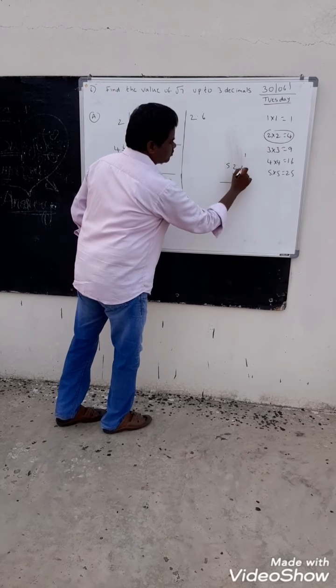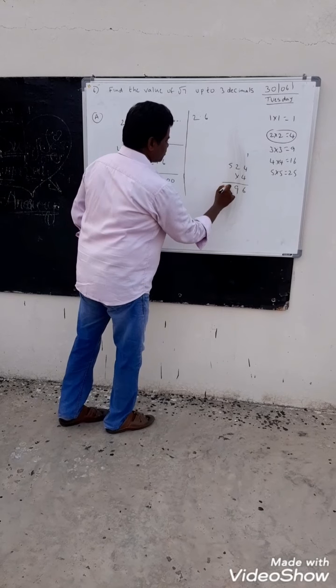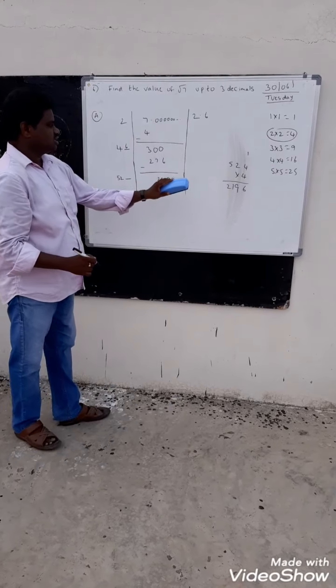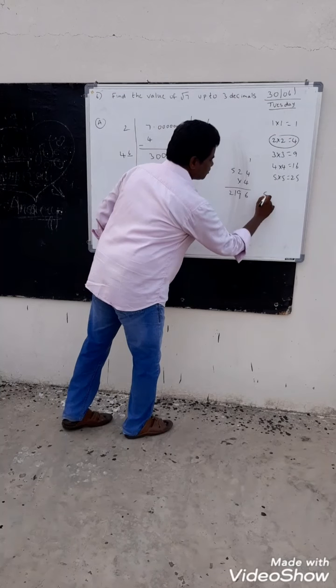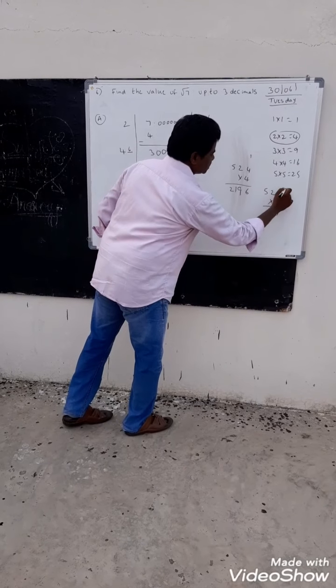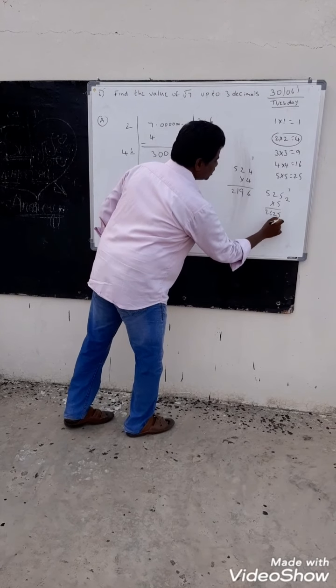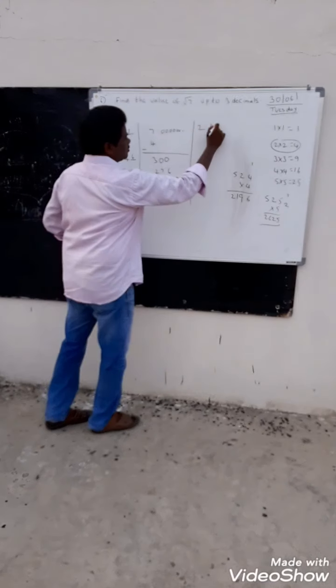If you multiply, 4 fours are 16, 4 twos are 8, 8 plus 1, 9, 4 fives are 20, 2096. That means 524 into 4, 2096. If you take 525 into 5, 5 fives are 25, 5 twos are 10, 10 plus 2, 12. It is going to be bigger. So you have to keep 4 here and also here 4.